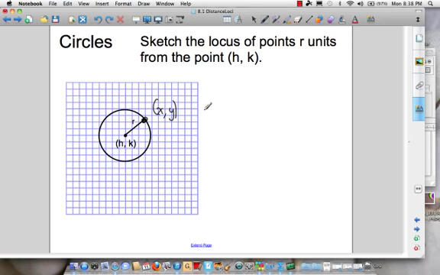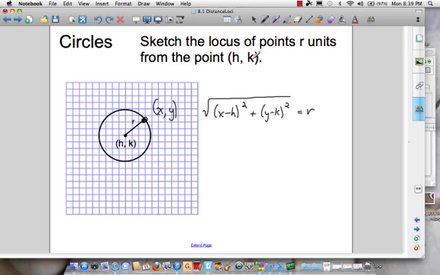So the distance between them is going to be the square root of (x minus h) squared plus (y minus k) squared, and that is going to be the specified radius. So I'm applying the distance formula. So x minus h, that's the difference of the x coordinates, and y minus k.